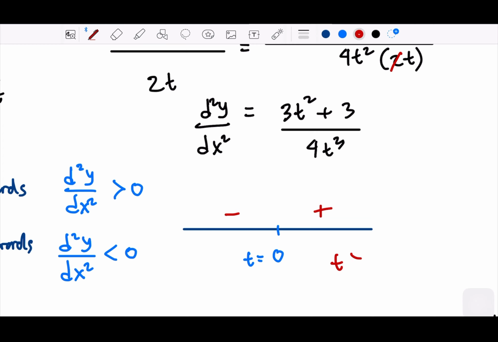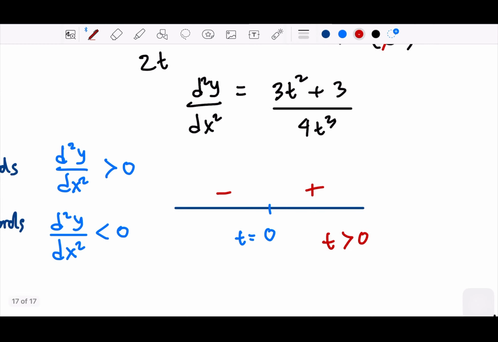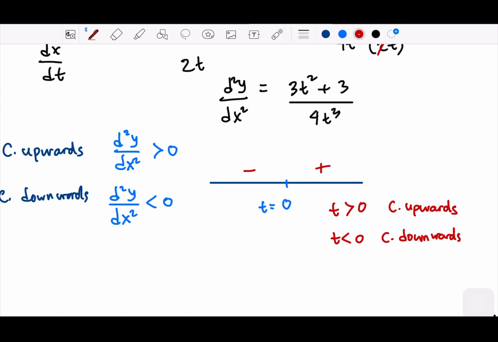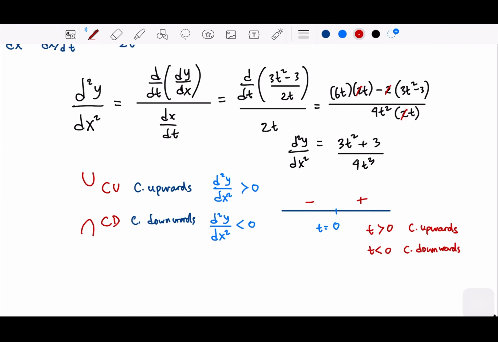When t is positive, this will be concave upwards. When t is negative, this will be concave downwards. So from all this information, the tangent, the line equations, the vertical slope, horizontal slope, and the concavity, how the curve will look, whether it's downward or upwards at some point, it will help us at least to draw the graph.